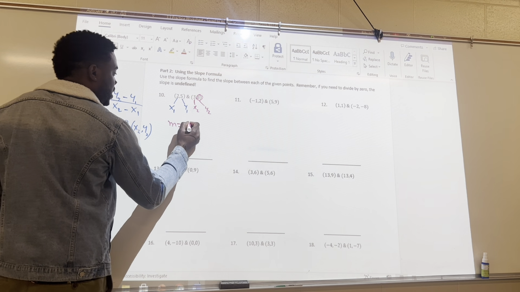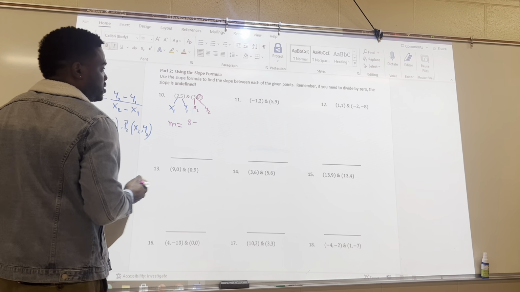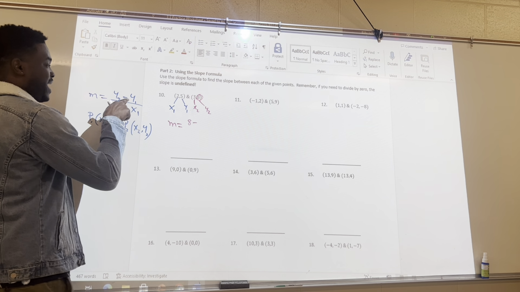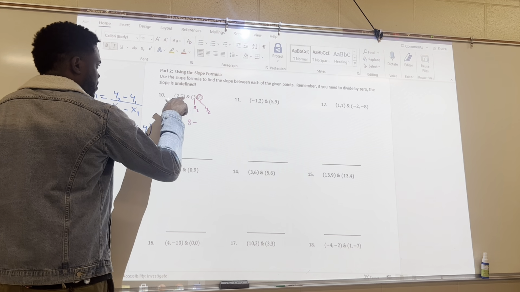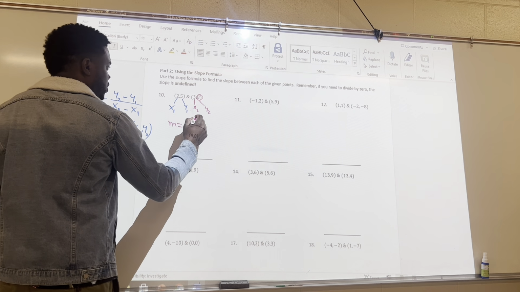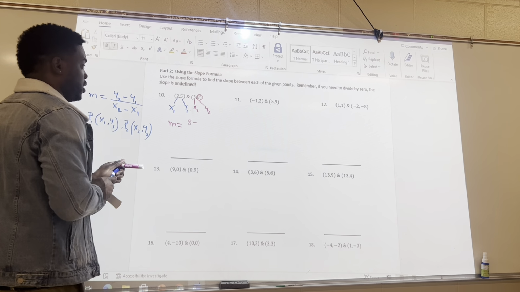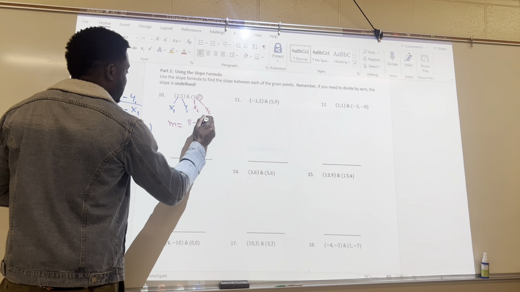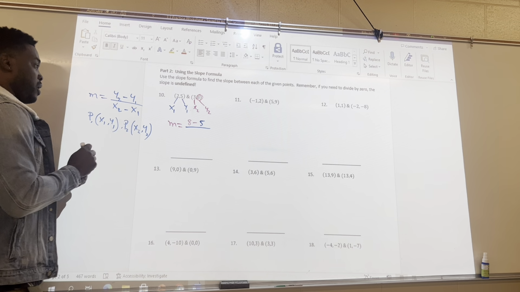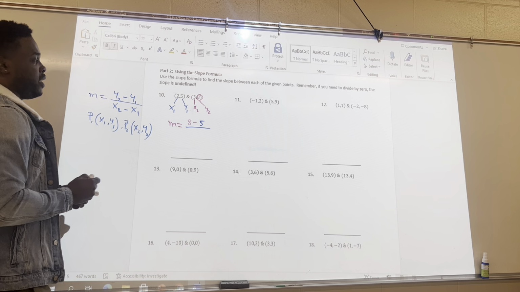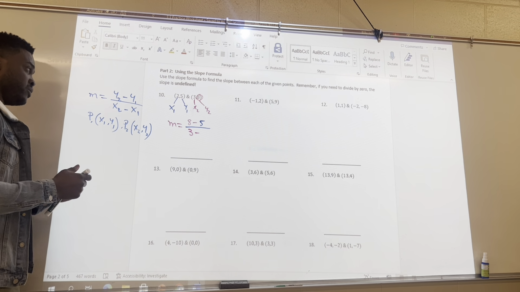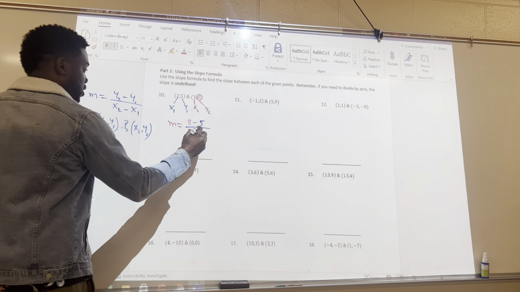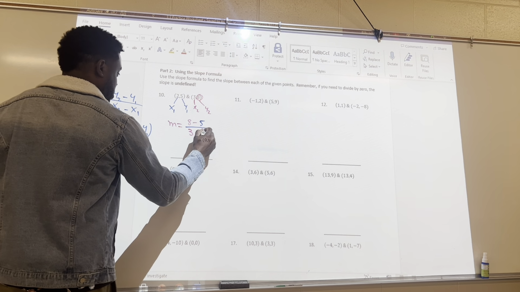So it's going to be a minus, the minus sign is in the formula, and then minus y1, where my y1 is 5, and then divided by my x2, which is 3, minus x1, which is 2.